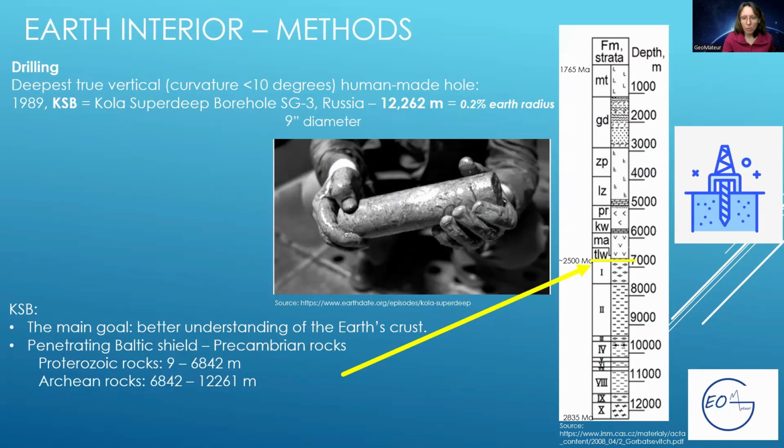But coming back to Kola Super Deep hole, the drilling also showed that there is no transition from granite to basalt. It was expected based on seismic data at the depth around 9,000 meters, but there was still granite, changed under high pressure and high temperature conditions.